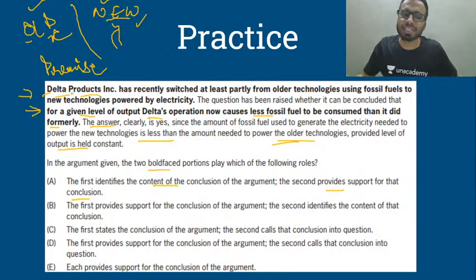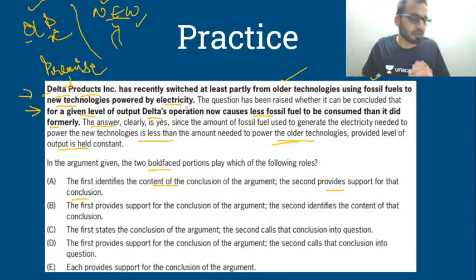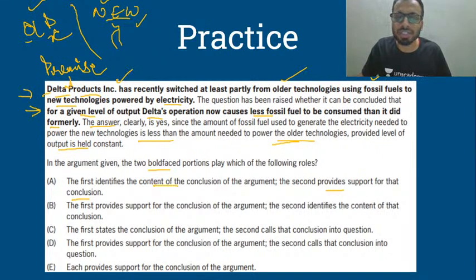A is giving you a statement. A is giving you the premise that we have Delta Products Inc., which earlier used old technologies powered by fossil fuels, and has now shifted to new technologies which are powered by electricity. Understand the flow of the passage. So this is not the content of the conclusion, this is just an assertion, this is just the premise.